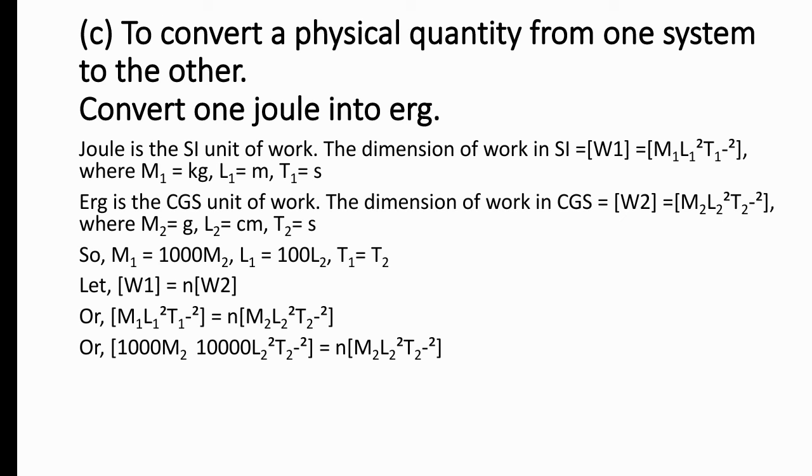If we put in the values of M1, L1 and T1, we get 1000 M2, 10,000 L2 squared, T2 to the power minus 2 equals N M2 L2 squared T2 to the power minus 2. So here we get N equals 10 to the power 7. So we can write 1 joule equals 10 to the power 7 erg. Thank you.